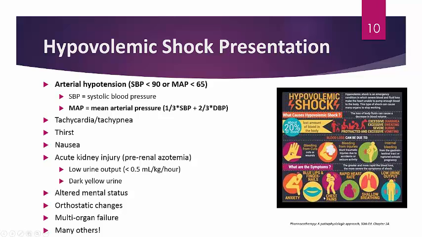So how do these patients particularly present? So you may see patients that come in with arterial hypotension. So this is defined as a systolic blood pressure less than 90, or a mean arterial pressure of less than 65. And the way mean arterial pressure is defined is as 1/3 systolic blood pressure plus 2/3 of diastolic blood pressure.